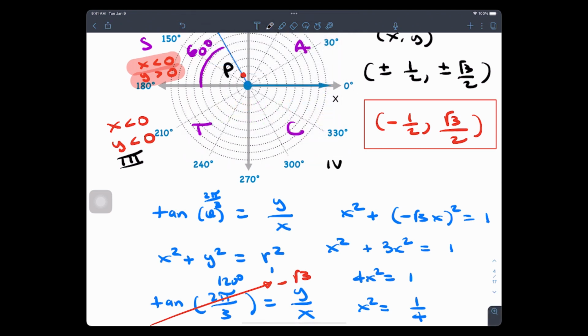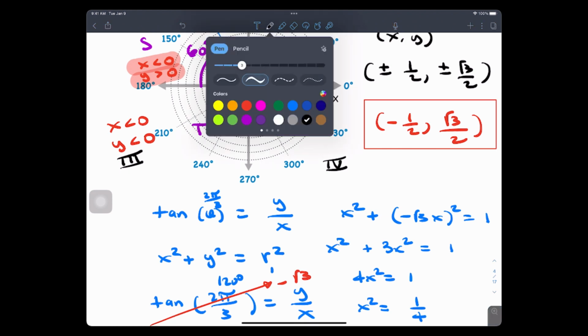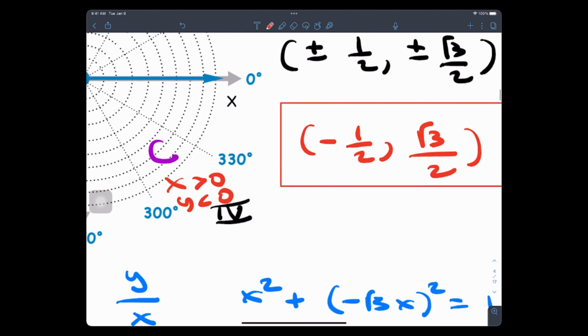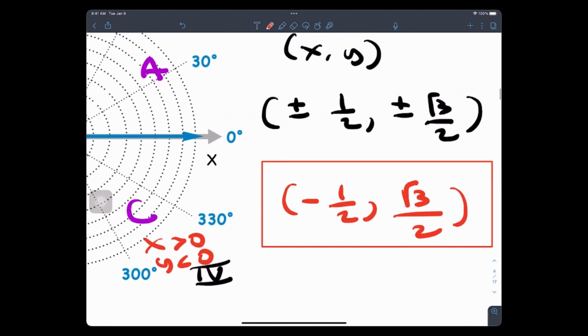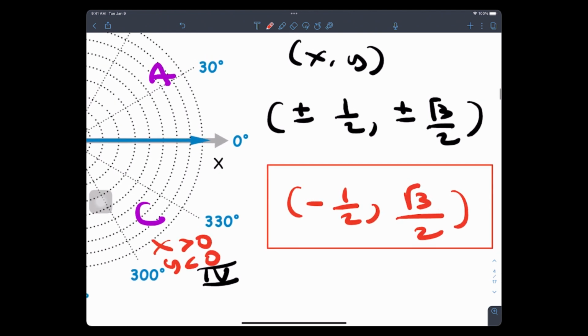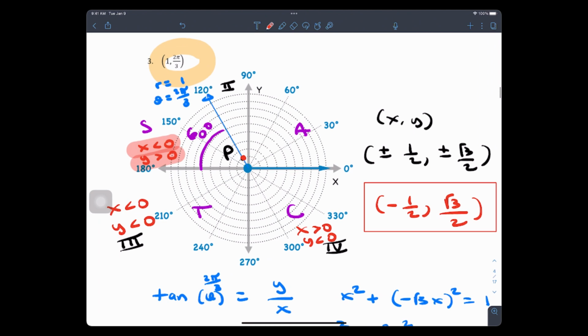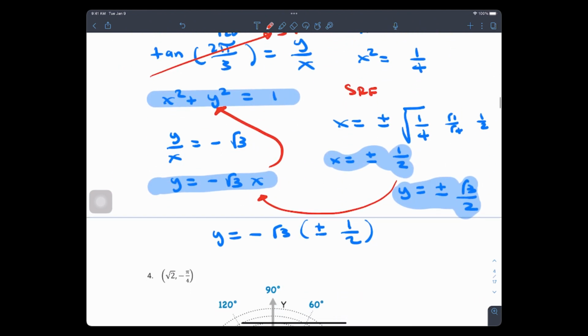If a point is in quadrant 4, what do you guys know about your x coordinate? A quadrant 4 point has a positive x value and a negative y value. So I just want you guys to be aware, because you use that when you get these plus or minus answers. You're going to use that information always. So it's kind of unfortunate your book didn't give an example.